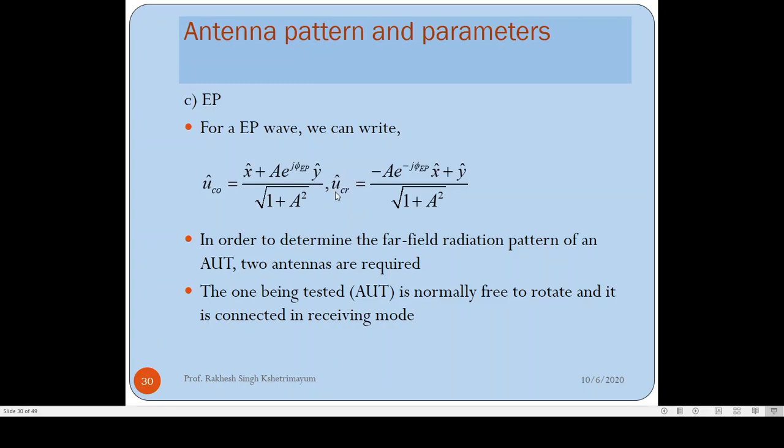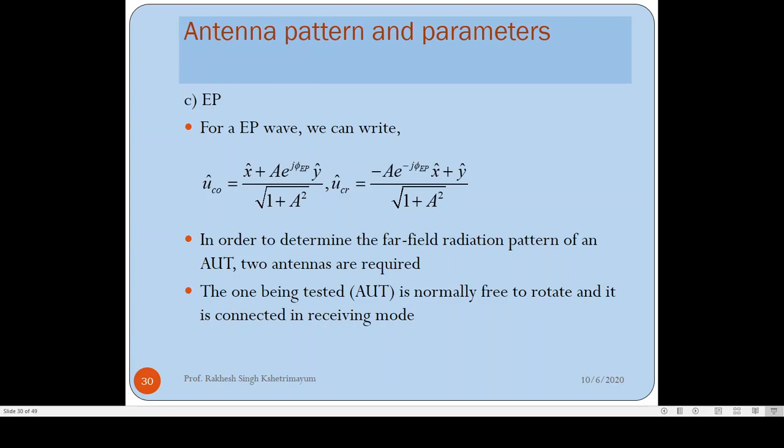For the cross component of the wave, it will be minus a exponential minus j phi EP x hat plus y hat divided by square root of 1 plus a squared. When you do the dot product of these two, you should get 0. When you do the dot product of this with itself, you should get 1. When you do the dot product of this with itself, you will get 1.